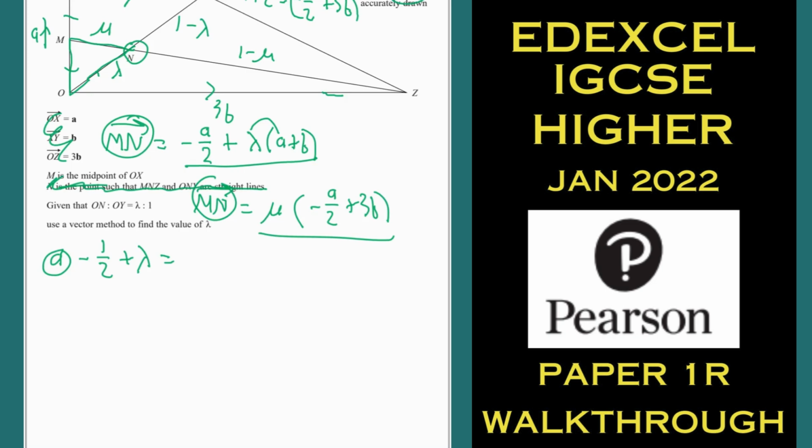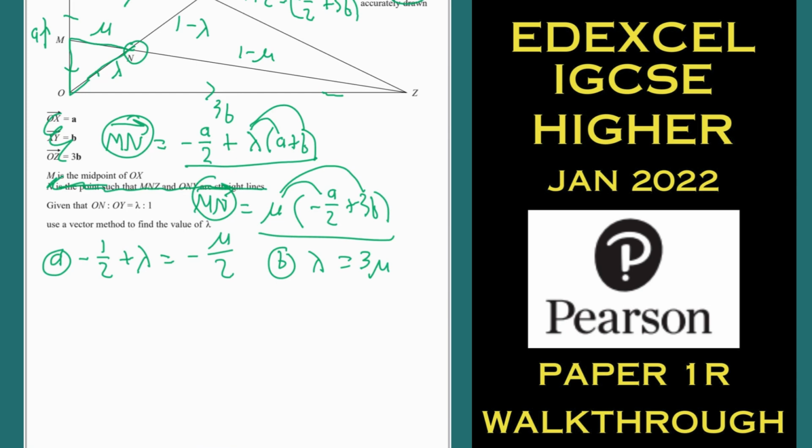And down here, if we expanded it, what would be next to A? Negative a half mu. But then we do the coefficients of B. Now this is actually the easiest one. Some might have gone for this first. Same again. Whatever is next to B in this top equation, well, it's just lambda then, must be equal to whatever is next to B in this bottom equation. And if you expanded it, it would be 3 mu.